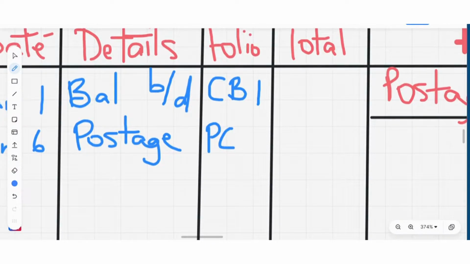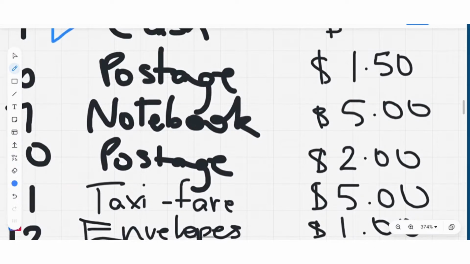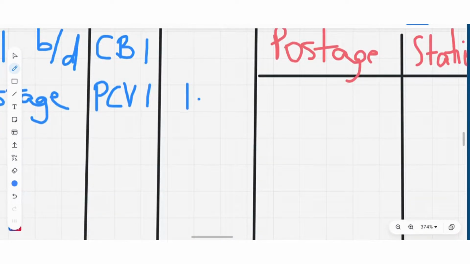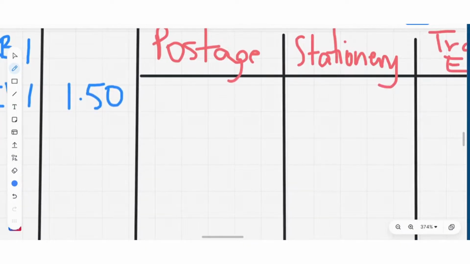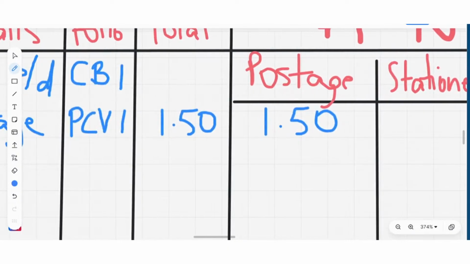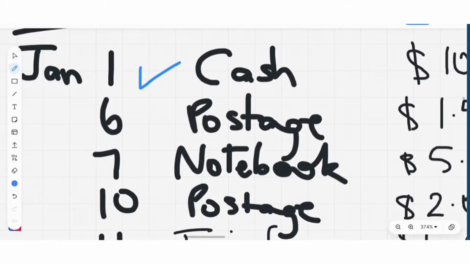So the shorten that you put PCV, and since that this is the first transaction, you put the number 1 beside it. The total for the postage was $1.50. So in the total column you put $1.50. Then because it's postage, you go to the analysis column, you find postage, you put $1.50. You just continue the same process, right? So you finish with that.